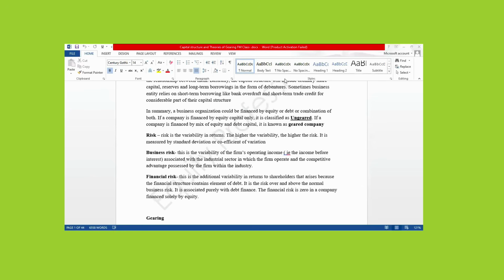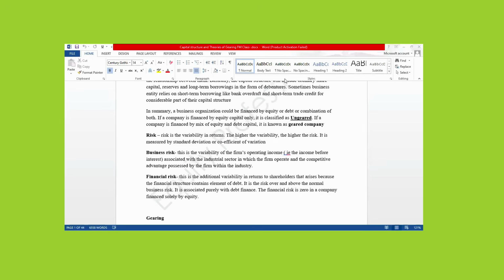In other words, financial risk is purely associated with debt capital. Financial risk will only arise when a company borrows money. Please note this.